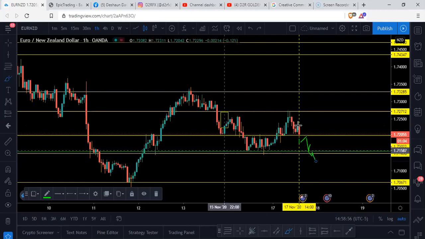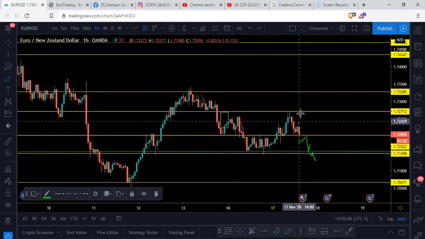Or it can retrace all the way up. Boom, hit that and come back down.